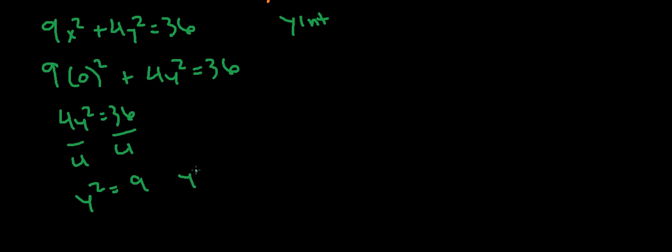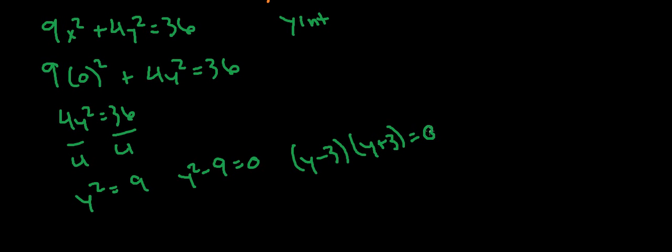Subtract 9: y squared minus 9 is equal to 0. And again we factor, and this is another very simple one. Two numbers that multiply to be -9 and add to 0: +3 and -3. So y minus 3, y plus 3 is equal to 0. And now we look for all y values that will make this true.